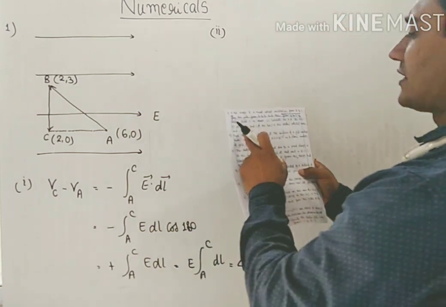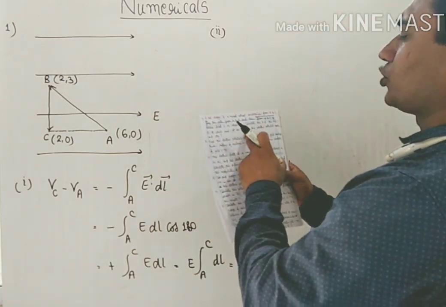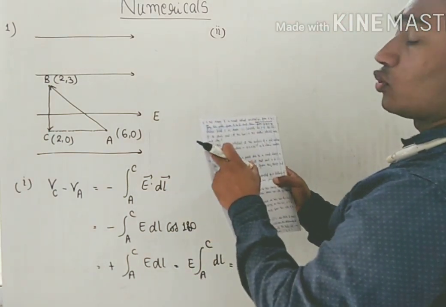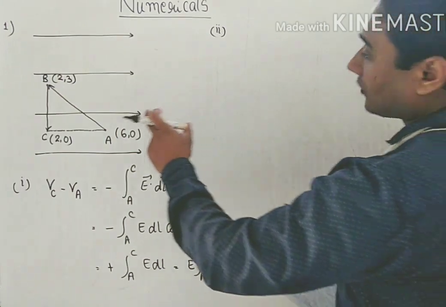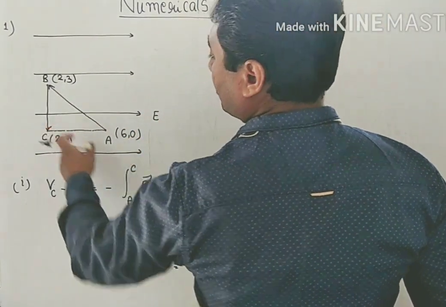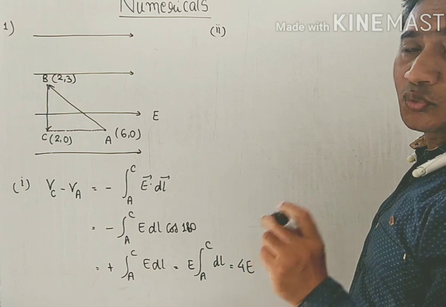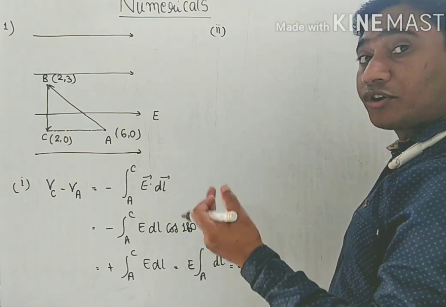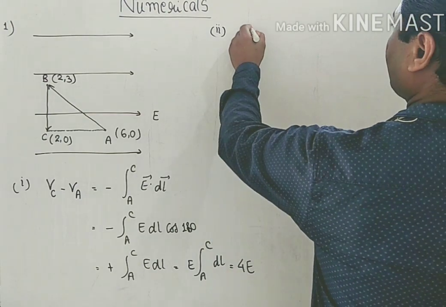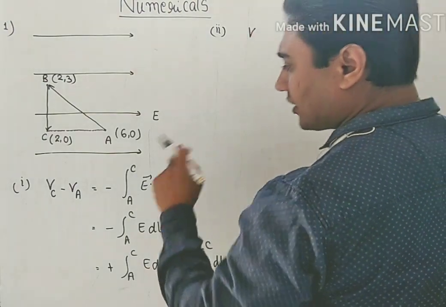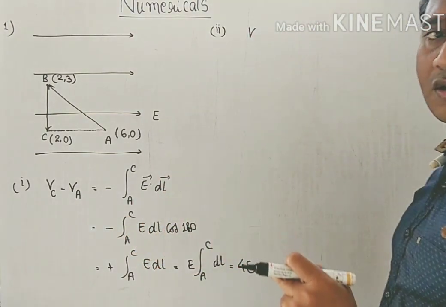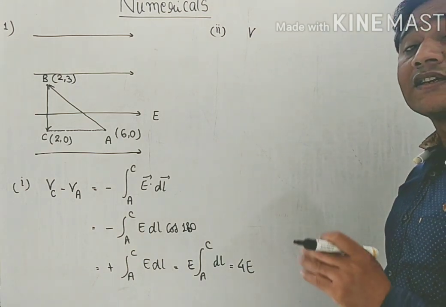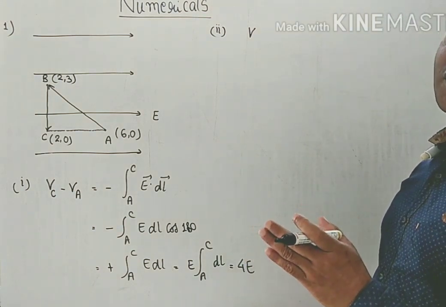The second part of the question says: at which point of the two is the electric potential more and why. So between A and C, you need to tell which point will have more potential and for what reason. As we all know, electric potential decreases along the direction of the electric field.